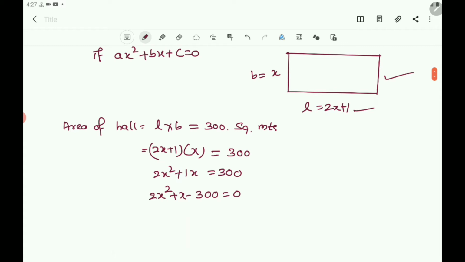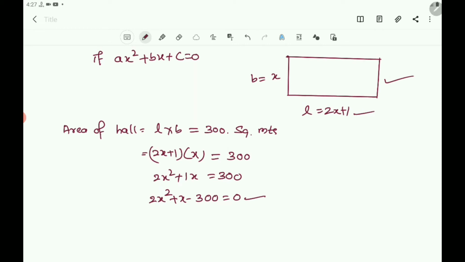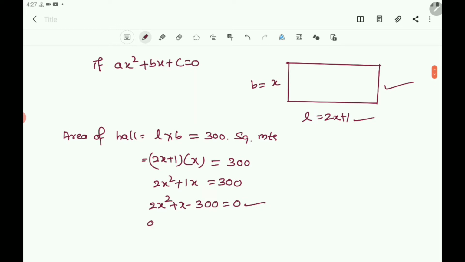So the breadth of the hall should satisfy the equation 2x square plus x minus 300 equals 0, which is a quadratic equation.